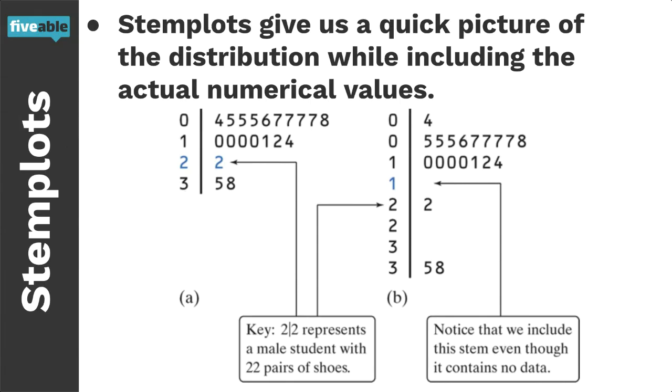Since there's nothing above that, I can just stop at 3. Notice if there's no data in a certain row, we leave it blank and we still create it because that's going to show us some gaps that are going to be super important for us to discuss moving forward.